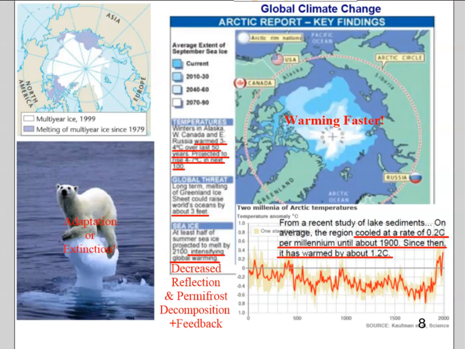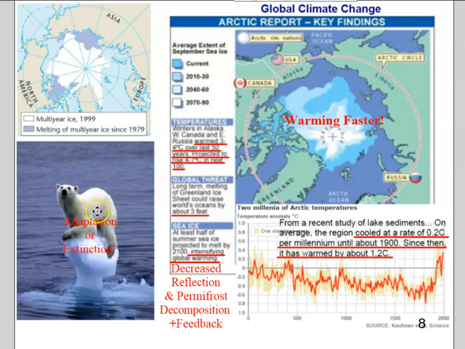An example of a less tolerant species would be the polar bear. Polar bears hunt on sea ice, and if there's no sea ice, then they have a difficult time hunting and getting the food that they need. And as we've already seen, the sea ice is melting, and polar bears are encroaching into the towns and villages around the Arctic Circle.